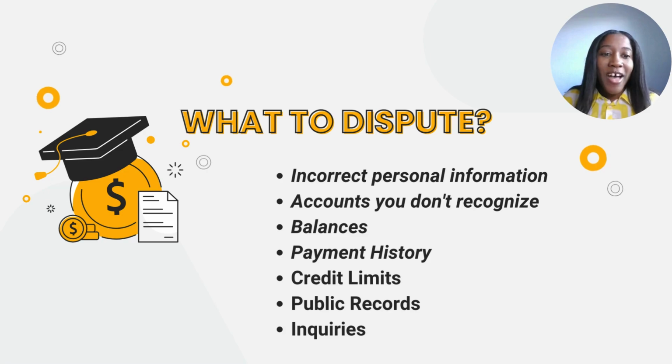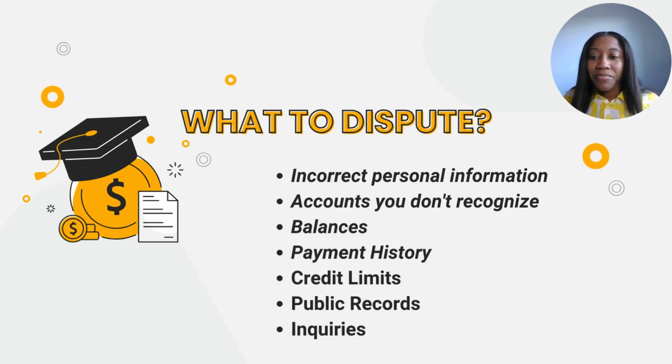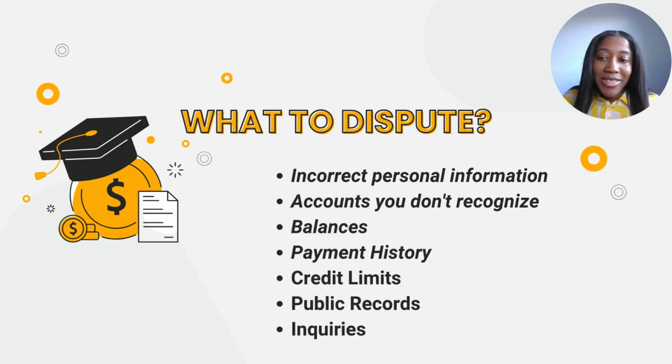You want to look for accounts you don't recognize. You want to look at your account balances to make sure they match up. You want to look at your payment history. Make sure there are no late payments still on there when they should have dropped off by now. You also want to look at the credit limits and make sure that the limits are correctly listed for all of your accounts.